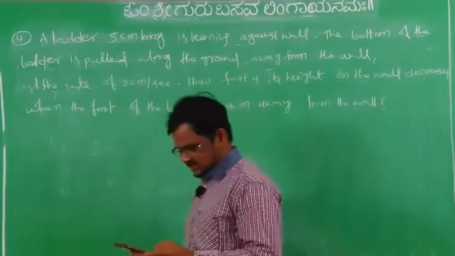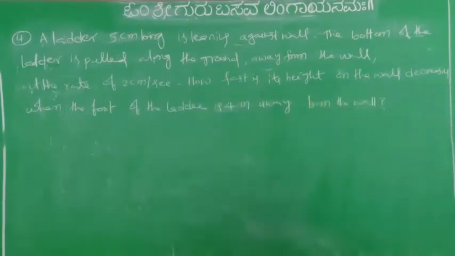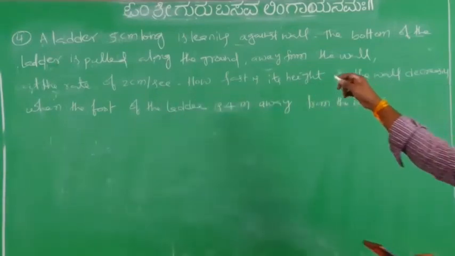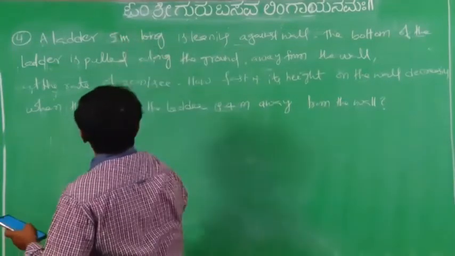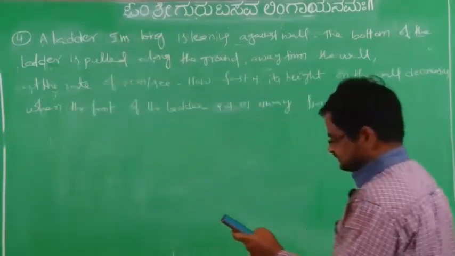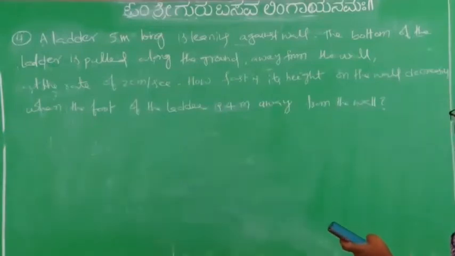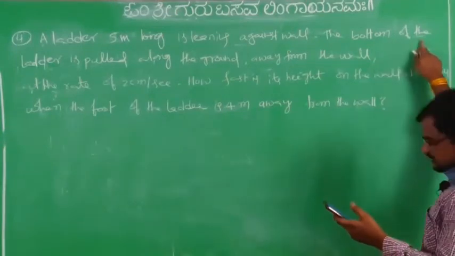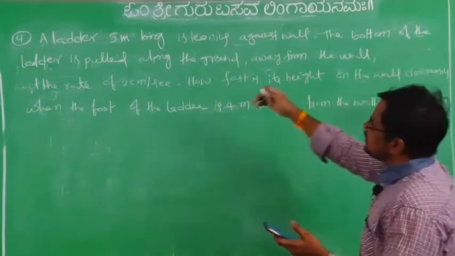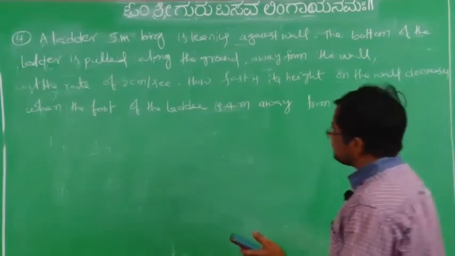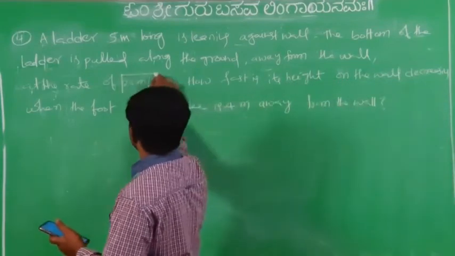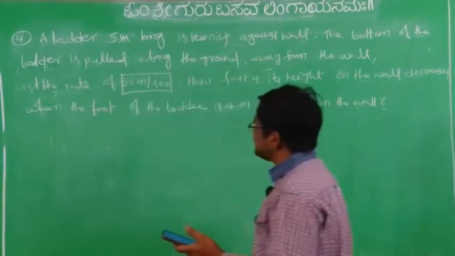Once you read the question, a ladder 5 meters, here 5 meters they given, long is leaning against the wall. The bottom of the ladder is pulled along the ground away from the wall at the rate of 2 centimeters per second, in centimeters they given.